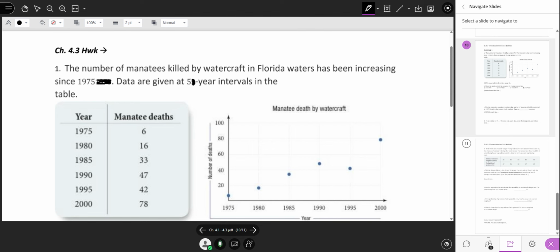Now, in your XYZ program, instead of saying 1975, it says year 0 and year 5 and year 10 and 15 and 20 and 25.